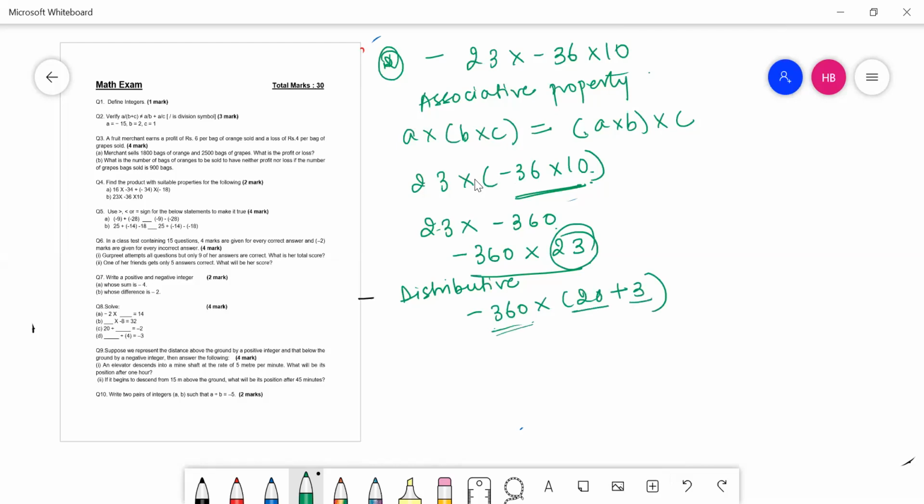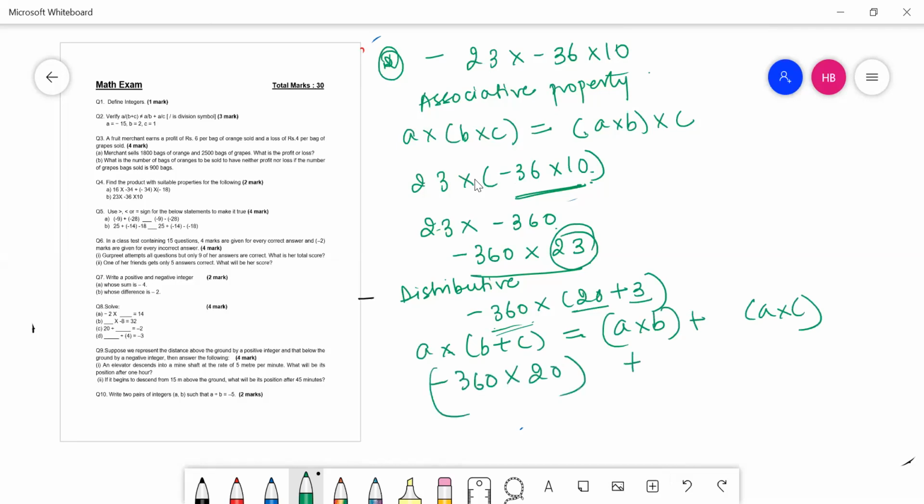Now if I apply the distributive property, which says that A into B plus C is equal to A into B plus A into C, what will this look like? Minus 360 into 20 plus minus 360 into 3.